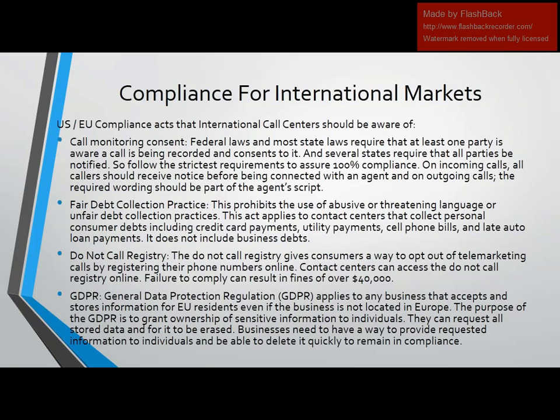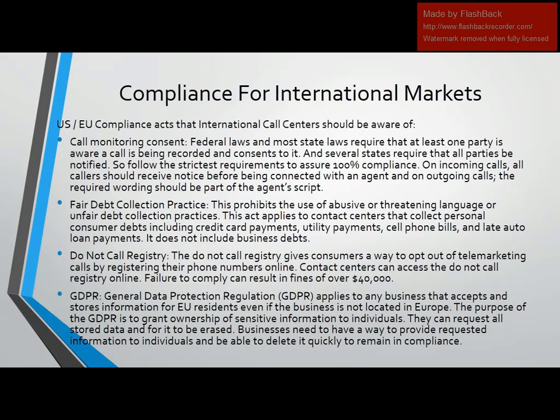Now, let us discuss the compliance for the international market. US or Euro compliance acts that international call centers should be aware of: call monitoring consent. Federal laws and most state laws require that at least one party is aware a call is being recorded and consents to it.